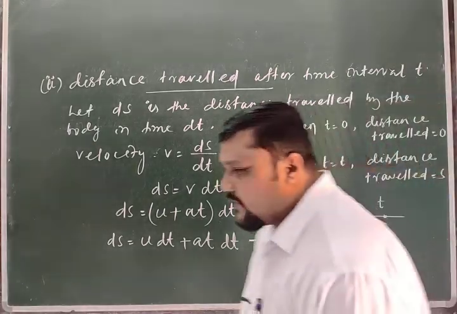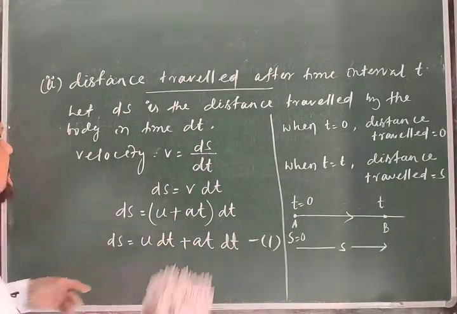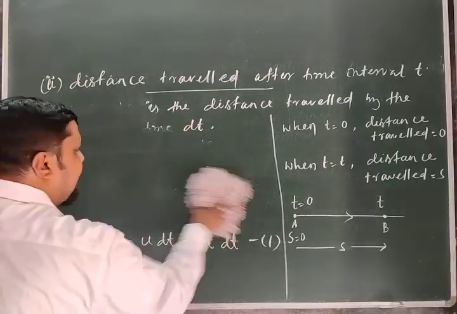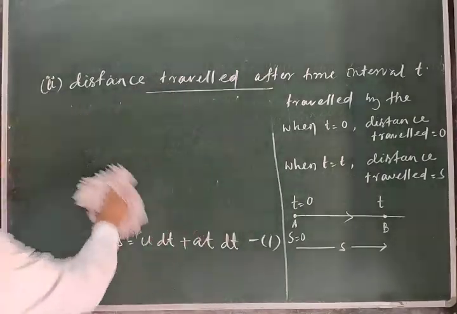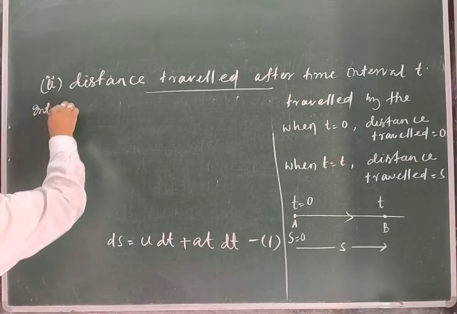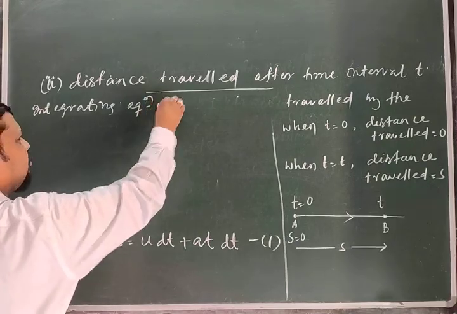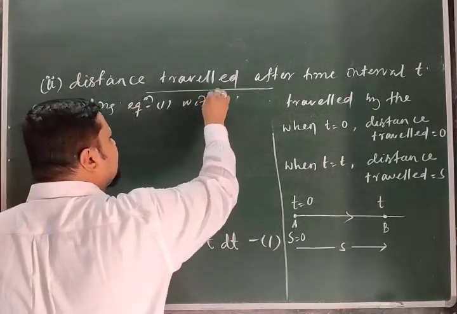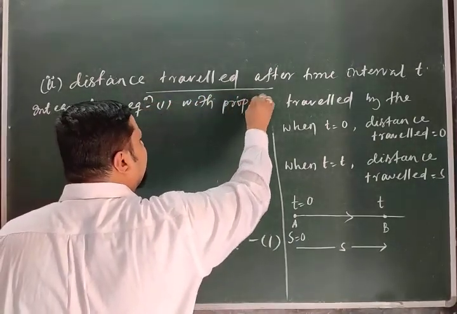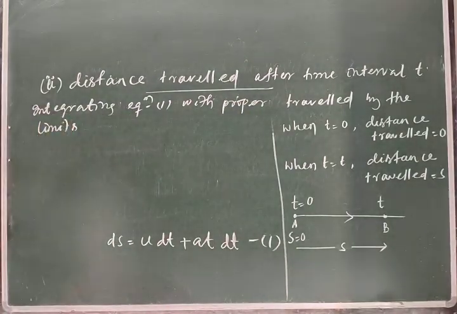So when we got this one, then our next part is what? Integrate to know the total distance traveled. So integrating both sides, integrating equation 1 with proper limits.